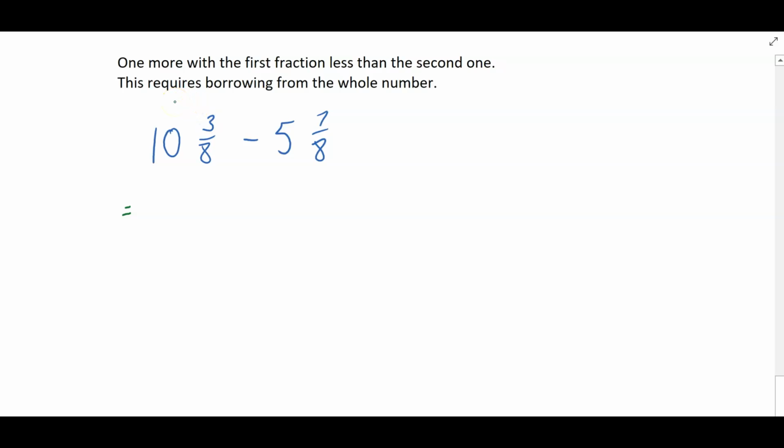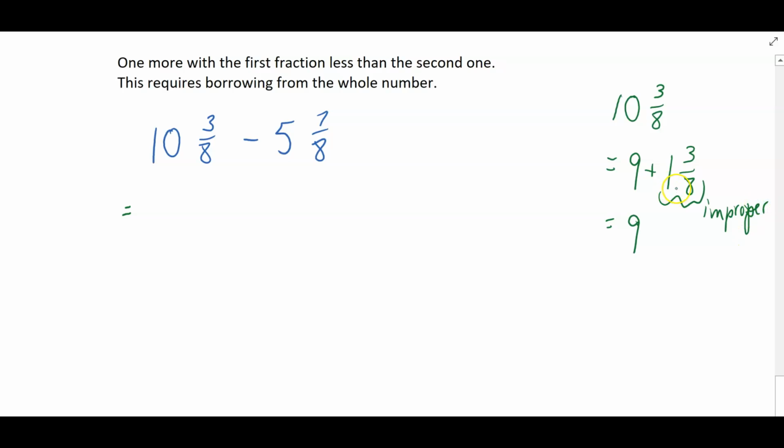So if I want to borrow, think of your 10 and 3/8 as 9 plus 1 and 3/8, right? So I've borrowed a whole, and then it will be 9, but this should be improper.